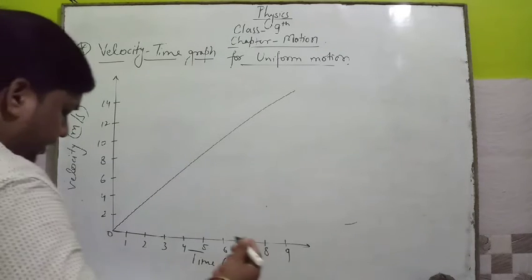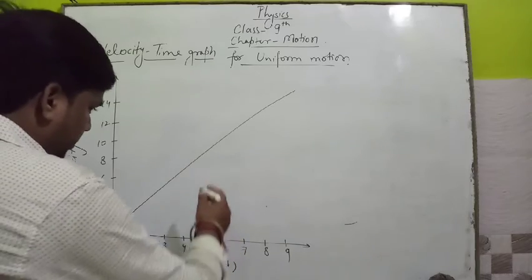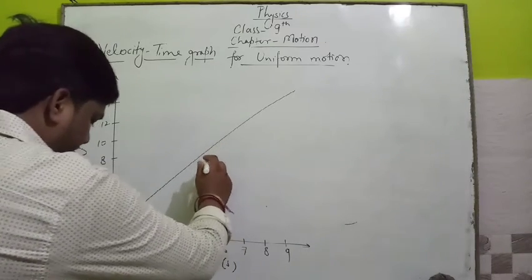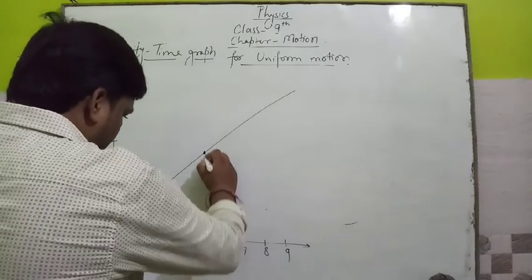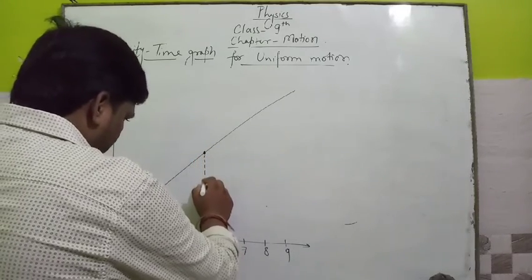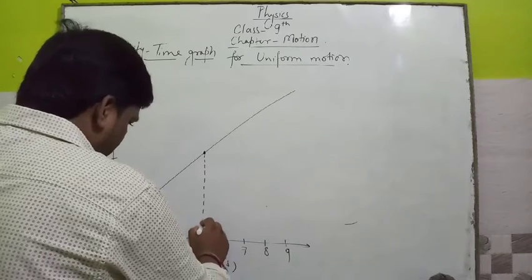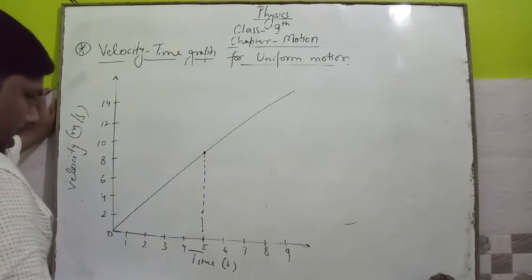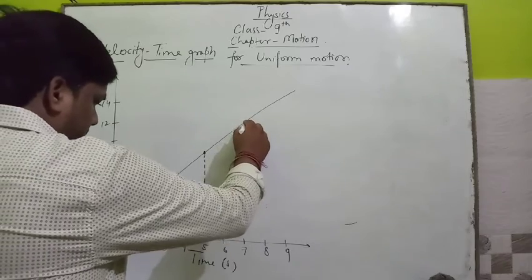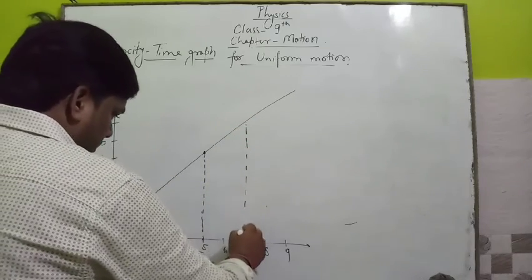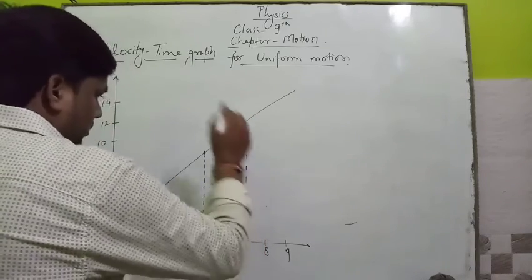Suppose we are taking some instant, some time. Taking some distance 5, and taking the next point, that is 7.